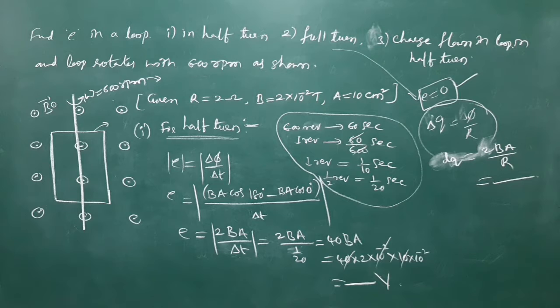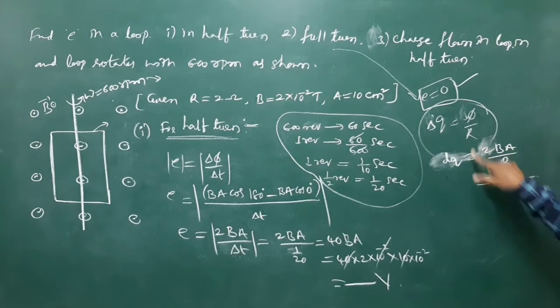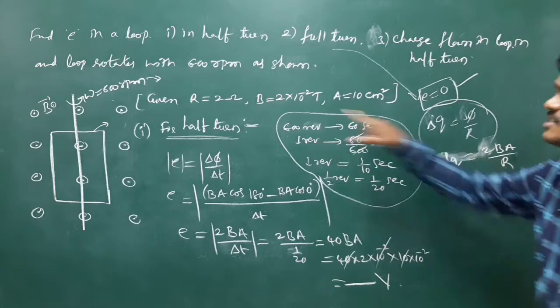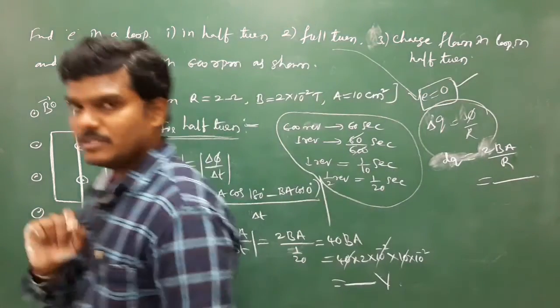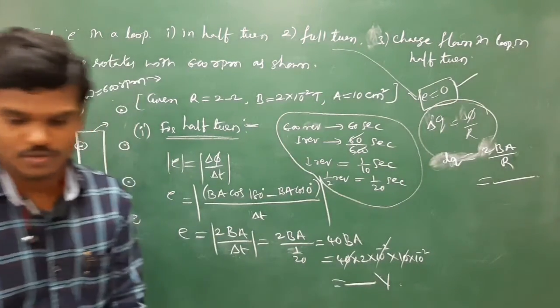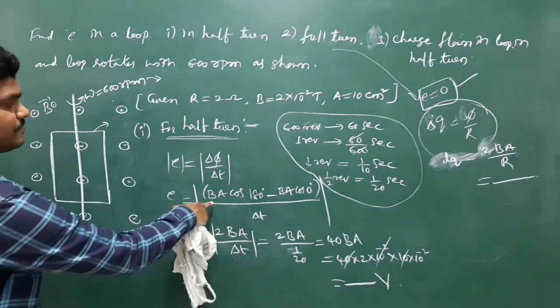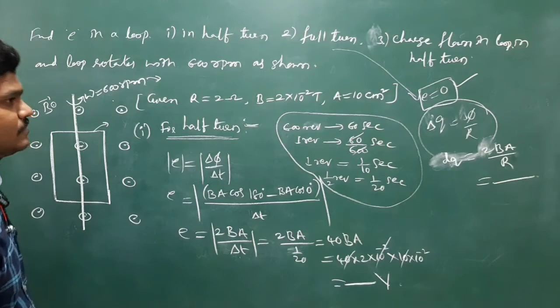Recall the charge formula: charge is delta phi by R, where delta phi is phi f minus phi i, and the resistance is mentioned already as 2 ohm. Substitute the values, and we will get the charge flowed in the half turn.